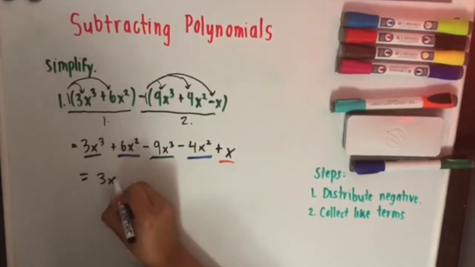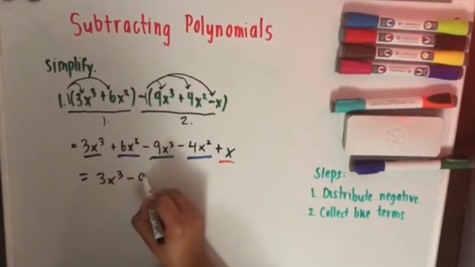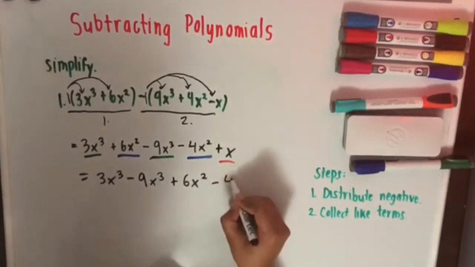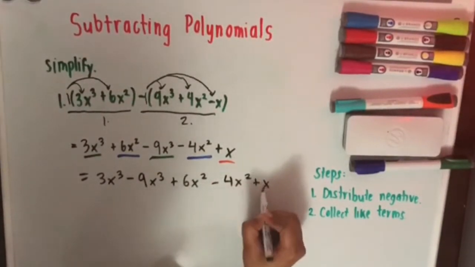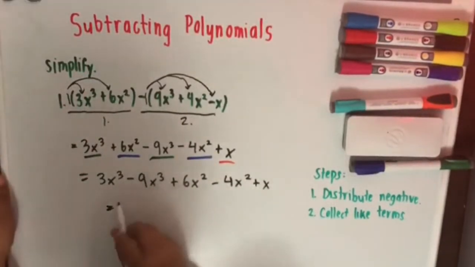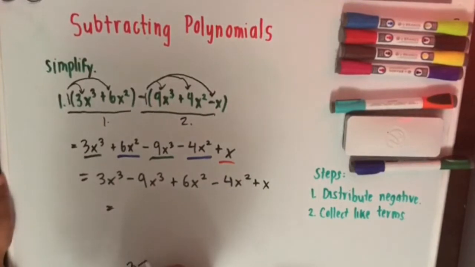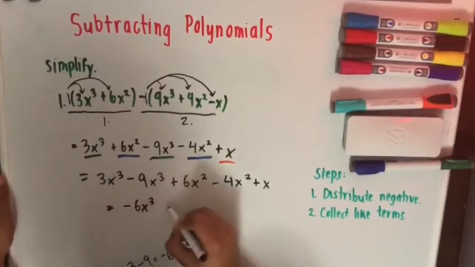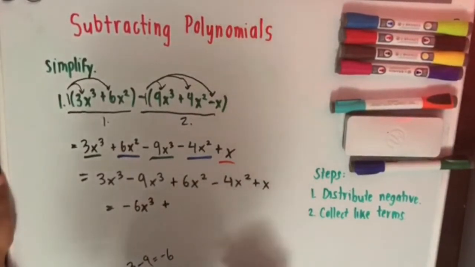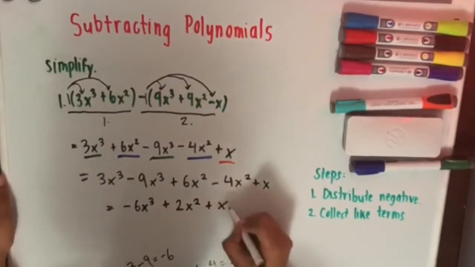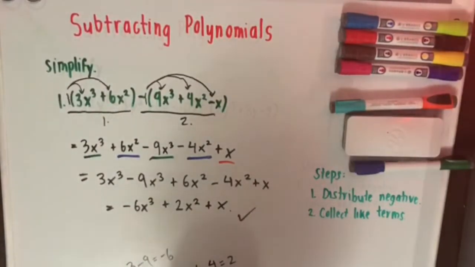So 3x cubed minus 9x cubed plus 6x squared minus 4x squared plus x. Now, last step, combining them. So 3 minus 9 is negative 6. So negative 6x cubed plus 6 minus 4, 2x squared, and plus x. There, we got it. Simple.